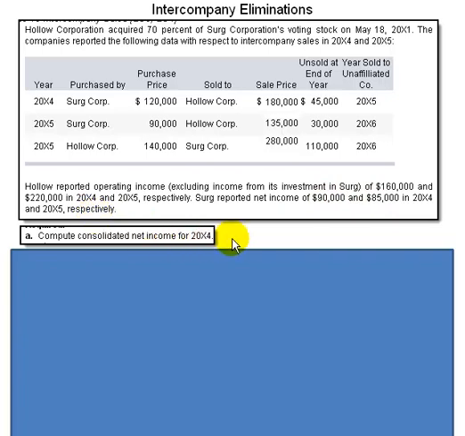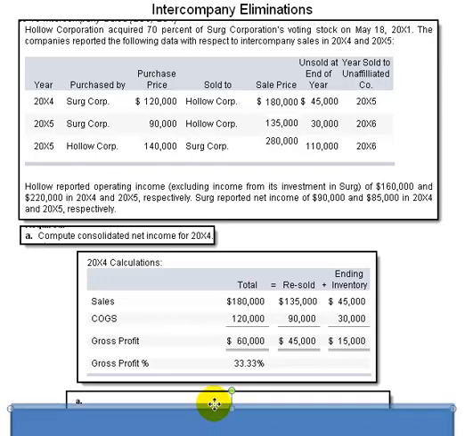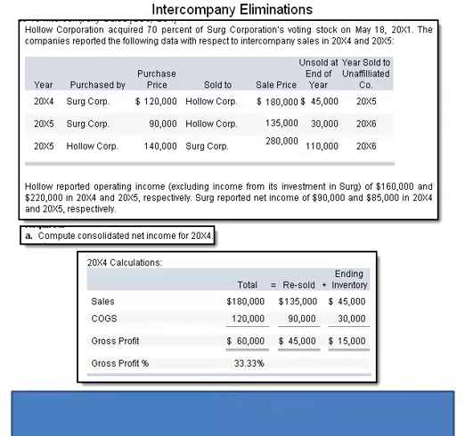So the first thing we want to do is compute the consolidated net income for 2004. Now before we do that, I want to just illustrate on this screen here what we know. Okay, there were intercompany sales in 2004 of 180,000. The cost of goods sold was the 120,000.